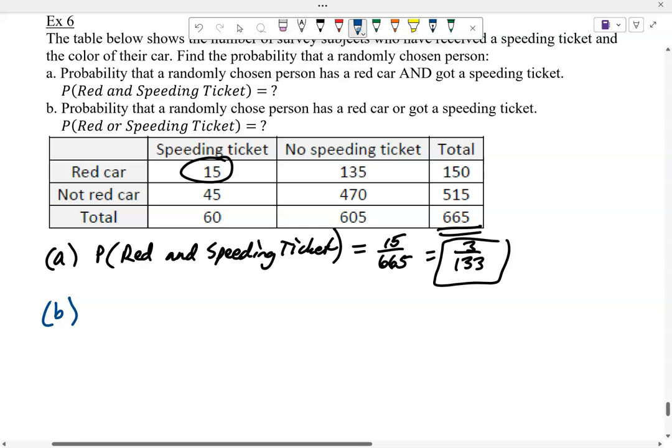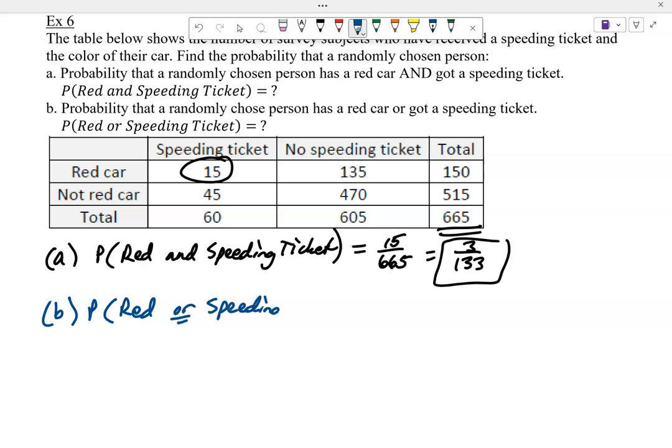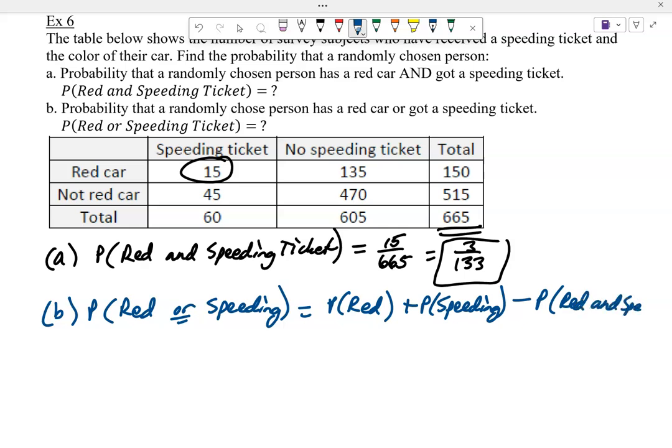Let's do part B. What's the probability that you pull out somebody that has a red car or they have a speeding ticket? Doesn't matter. Either one's a winner. So that'd be probability that you pull out somebody with a red car plus probability you pull out somebody with a speeding ticket minus any possible double count, meaning I have a red car and a speeding ticket.